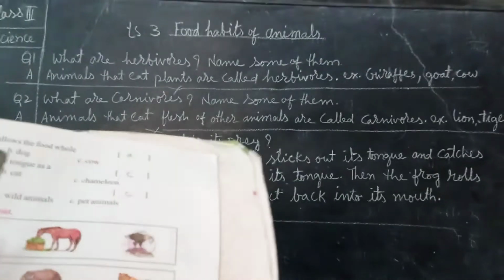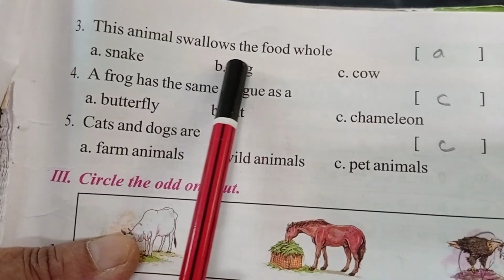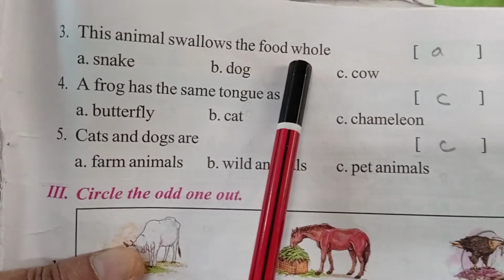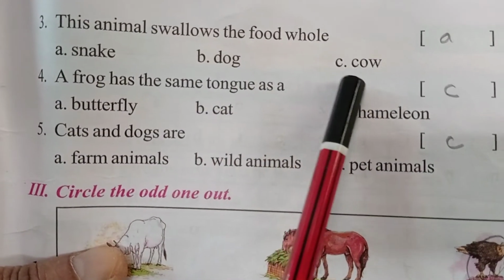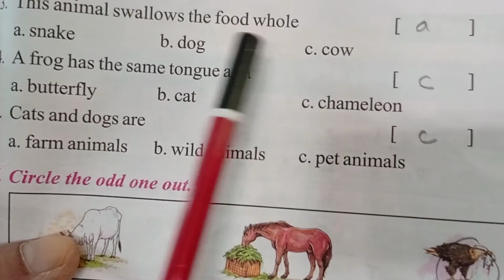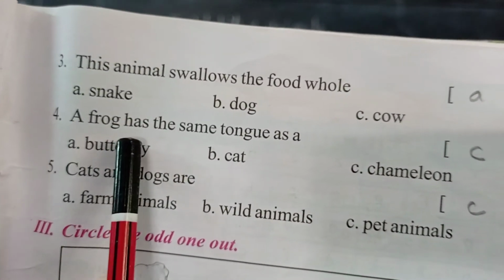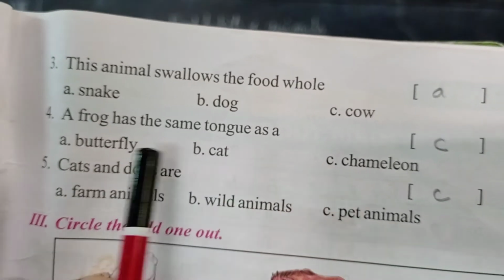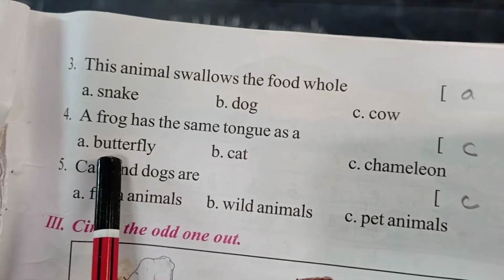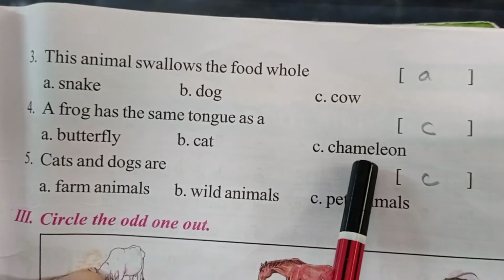Now, this animal swallows the food whole. A snake, B dog, C cow. So snake, A is the correct answer. A frog has the same tongue as a, options are A butterfly, B cat, C chameleon.